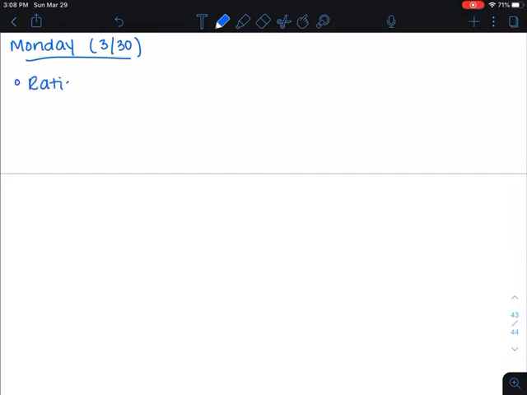don't forget what a rational number is. Basically just a whole number similar to that, and its opposite.